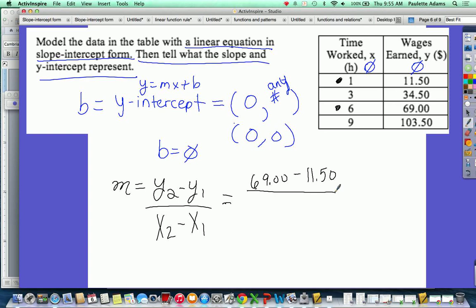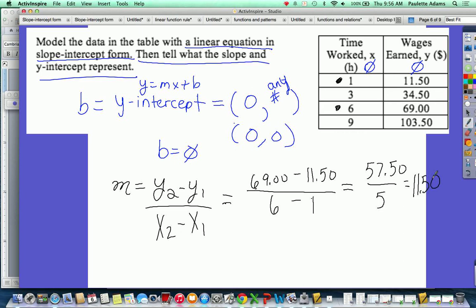No, we picked these y's, so we got to pick the right x's. 1 and 6, so we got 6 minus 1. Now we subtract. 69 minus 11.50 is 57.50. 6 minus 1 is 5. And when we divide, we get 11.50. That's our slope.